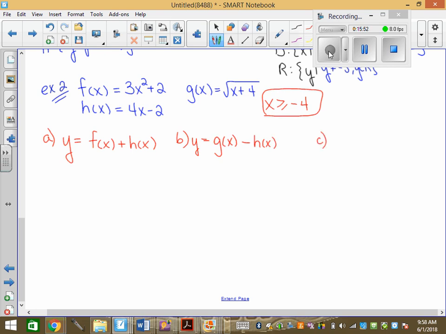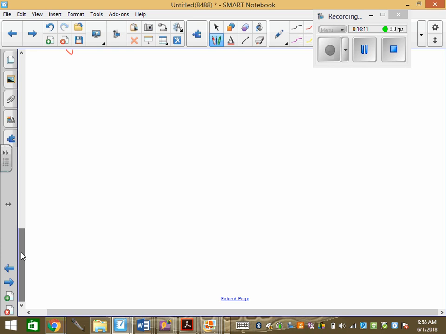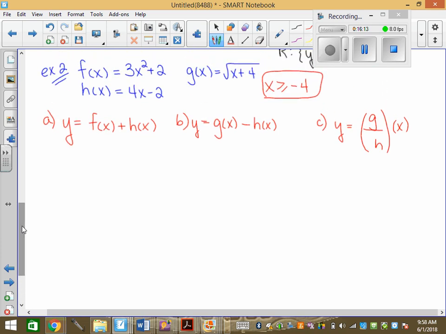And then C, y equals square root of x plus 4. Oops, I'm giving you the answer. Equals g divided by h of x. So try those out.